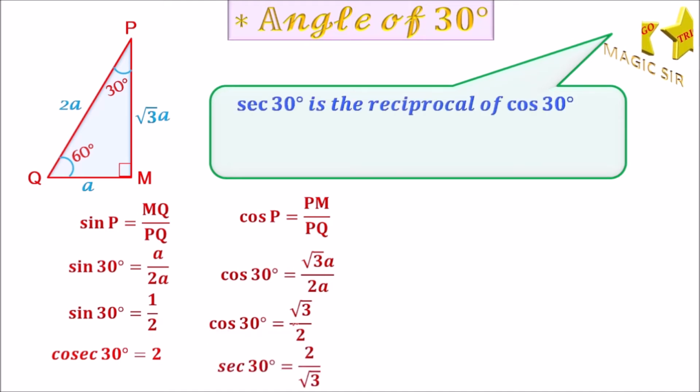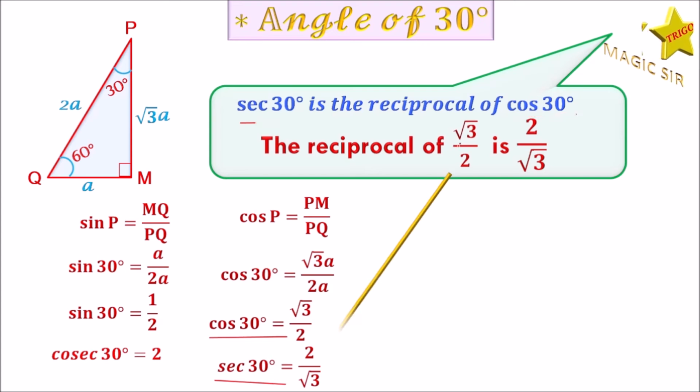Again, we know that sec 30 is the reciprocal of cos 30. Cos 30 and sec 30 are the reciprocal of each other. So the reciprocal of root 3 by 2 is 2 by root 3.